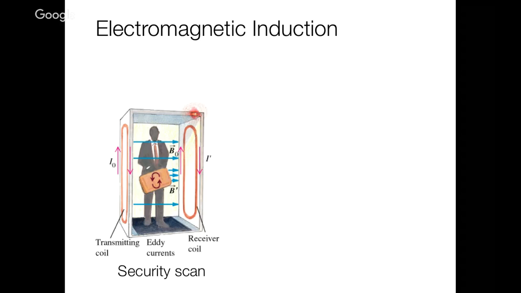We've got a source over here which gives a time-varying magnetic field. A time-varying magnetic field generates an electric field everywhere. So if I have a time-varying magnetic field, it gives an electric field everywhere.